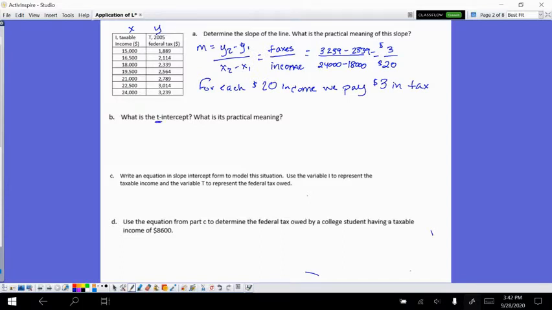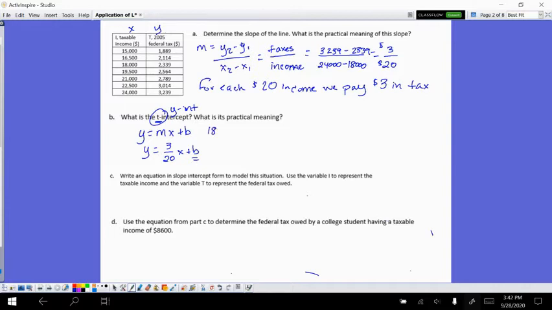So the t-intercept, remembering that we graphed t on the vertical axis, is the same as saying the y-intercept. We just had a different letter that was more specific to our question. In order to calculate that, we're going to go back to our definition of a line, mx plus b, and recognize that we already know the slope, which is 3 over 20. And if our goal is to find b, we can substitute any point we wish for the x and y.